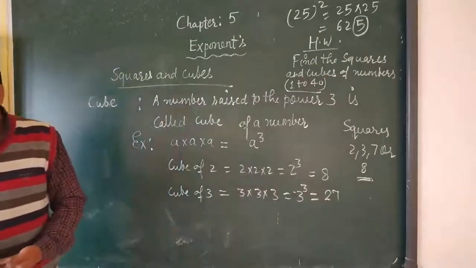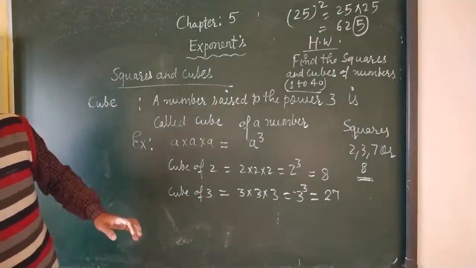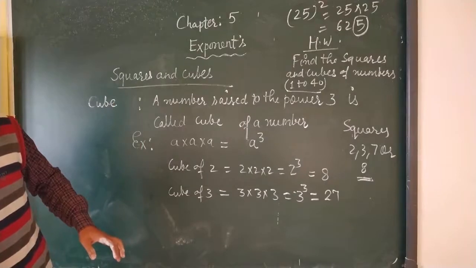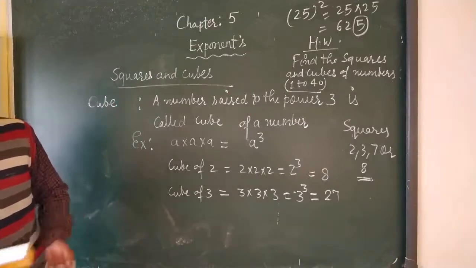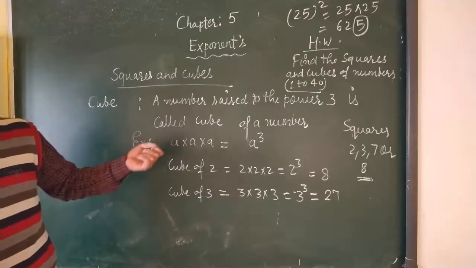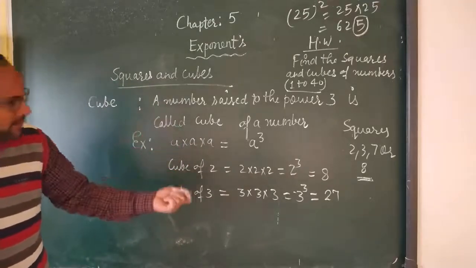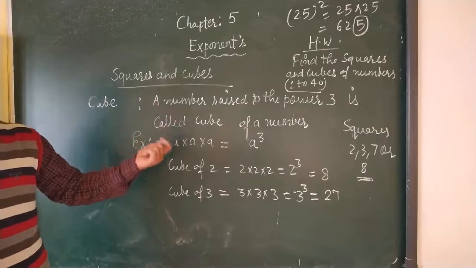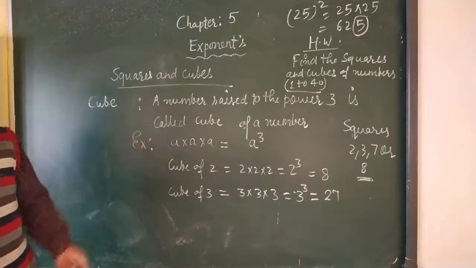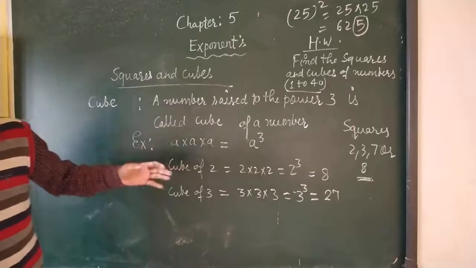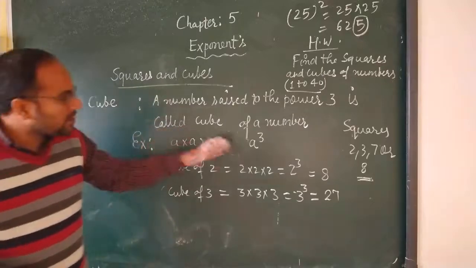Now same as it is. Now some exceptions are also there, like 3 square is 9, 13 square is 169, and 23 square is also 529, in the unit place you will get 9. Okay, so it is true for some numbers.